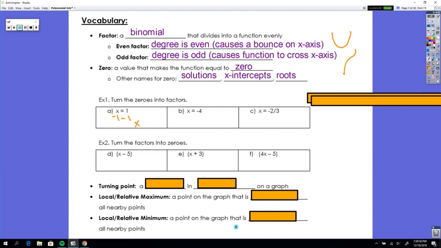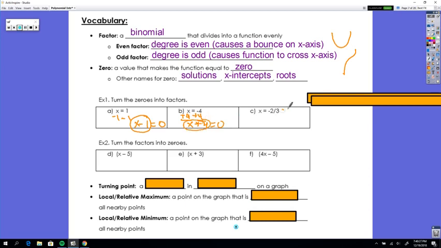We would get x minus 1 equals 0, and x minus 1 would be our factor. Here, we would add 4 to both sides, and x plus 4 equals 0, and x plus 4 would be our factor.